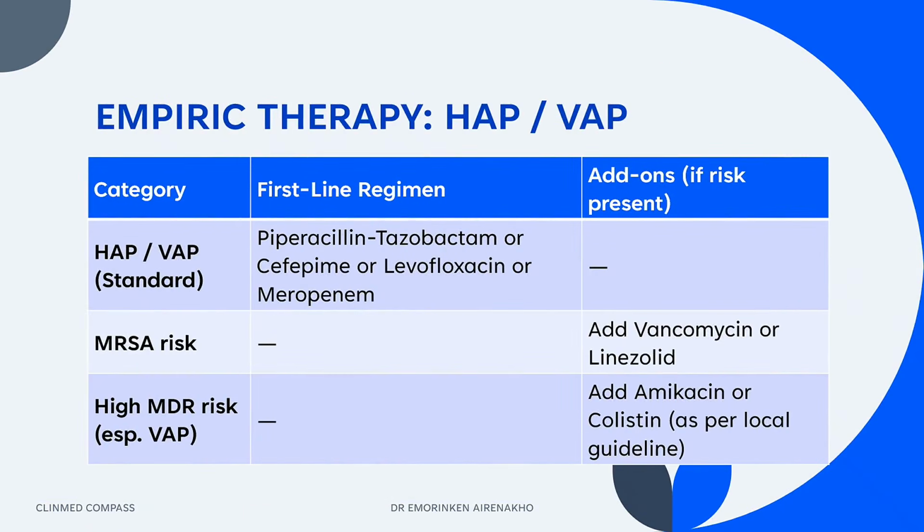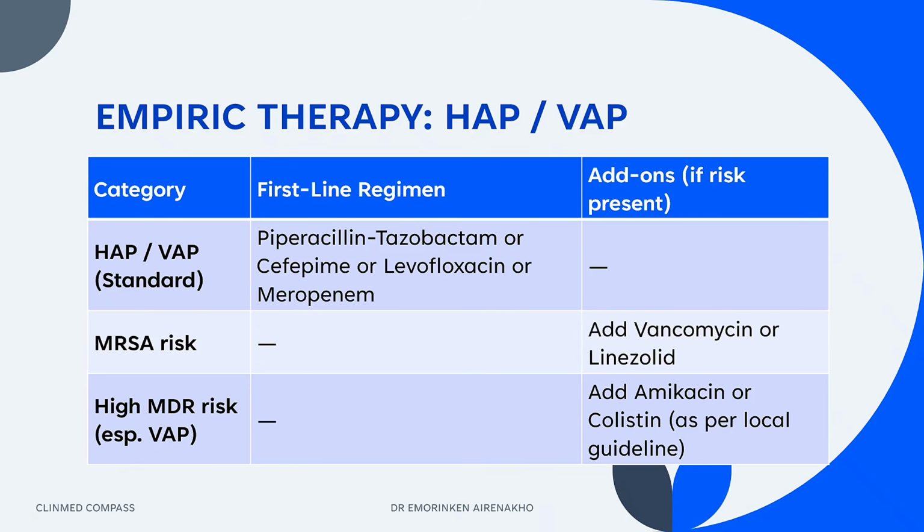For hospital-acquired pneumonia or ventilator-associated pneumonia, we assume that the pathogens may be multi-drug resistant. First-line regimen include piperacillin tazobactam, or cefepime, or levofloxacin, or meropenem. If there is a risk of methicillin-resistant Staph aureus, you add vancomycin or linezolid.